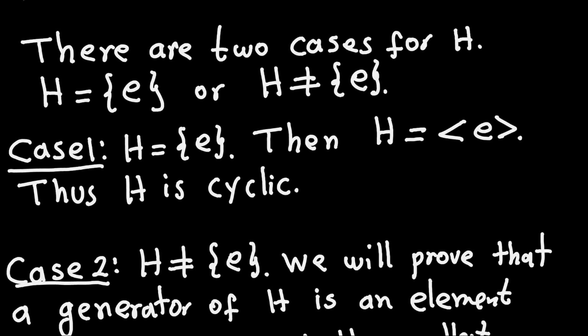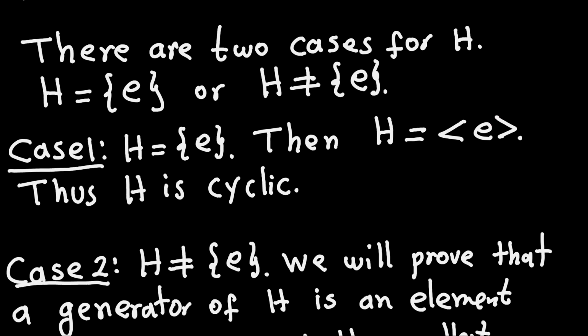Okay, so what happens if H is just one element, the identity? Well, that is a subgroup of G, of course, and is cyclic. And what is the generator? Well, the generator will just be the identity again, because you start taking integer powers of the identity, and you just get the identity again. So H will be generated by this element, the identity.